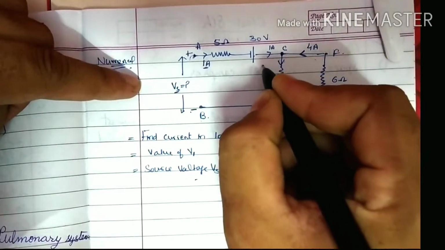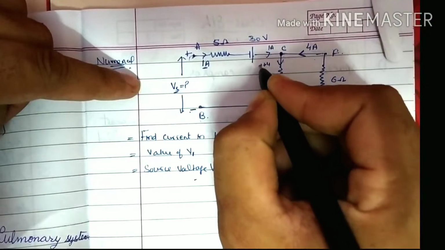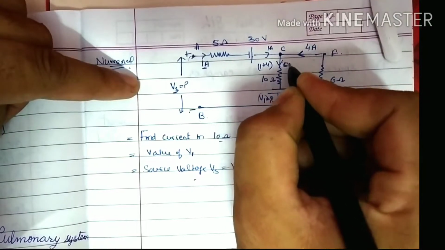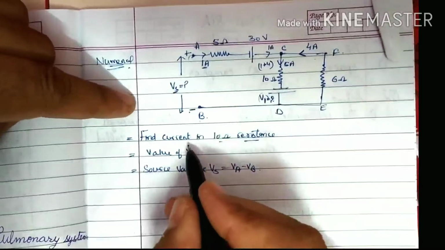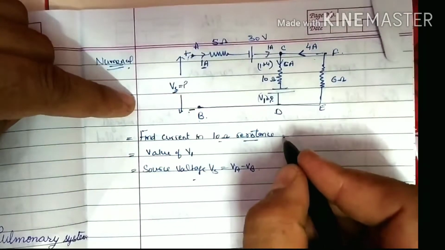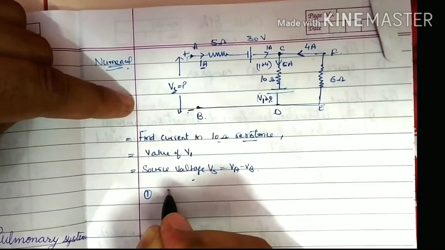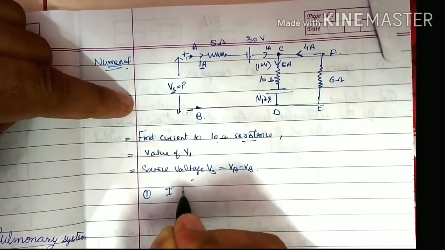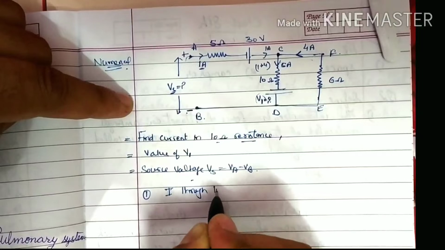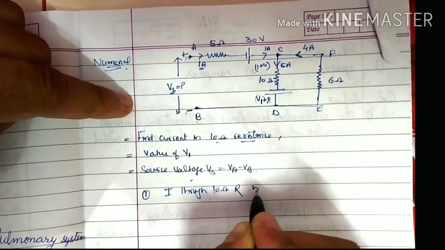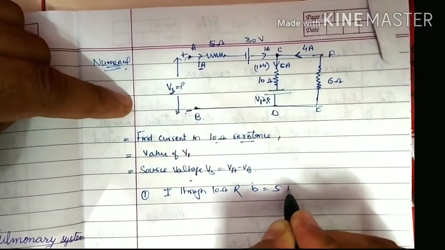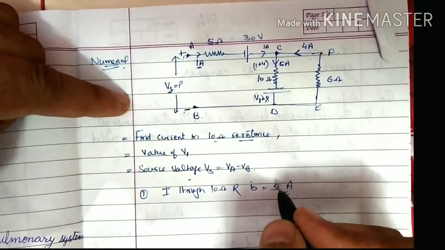So this becomes 1 plus 4, that is equal to 5 ampere current. So the current through the 10 ohm resistance is 5 ampere. I think this is clear.